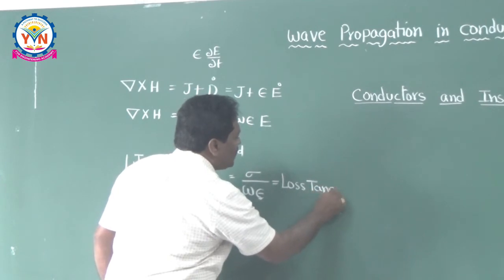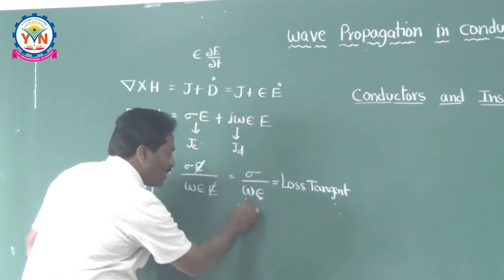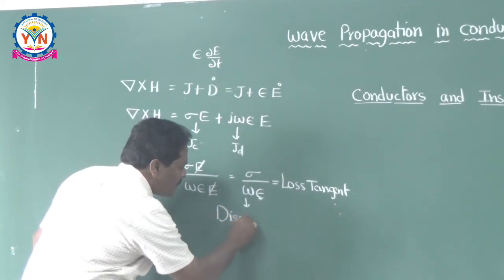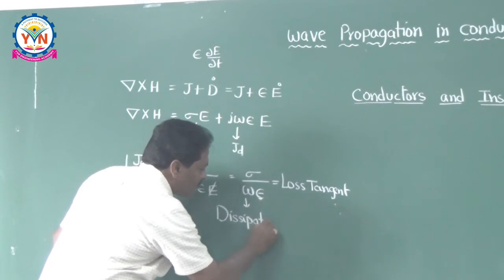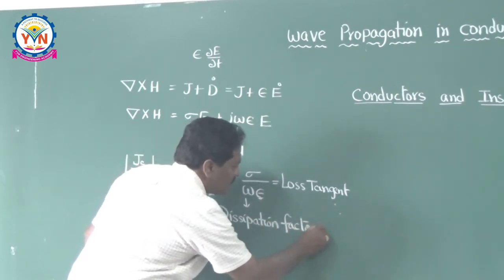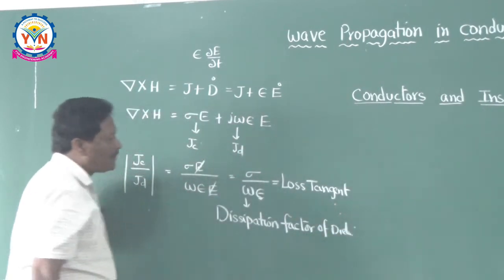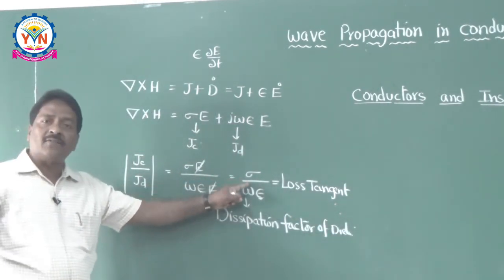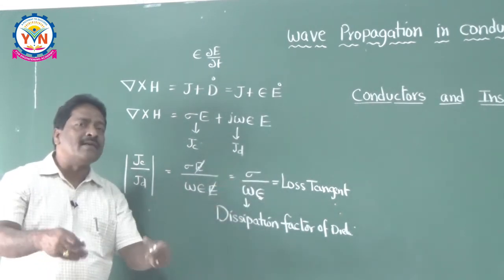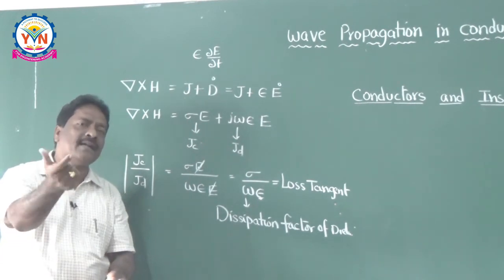Loss tangent is also called the dissipation factor of the dielectric material. Frankly speaking, the dissipation should be 0, because for an ideal dielectric sigma is equal to 0, and the presence of sigma indicates how much power can be dissipated by a dielectric material.